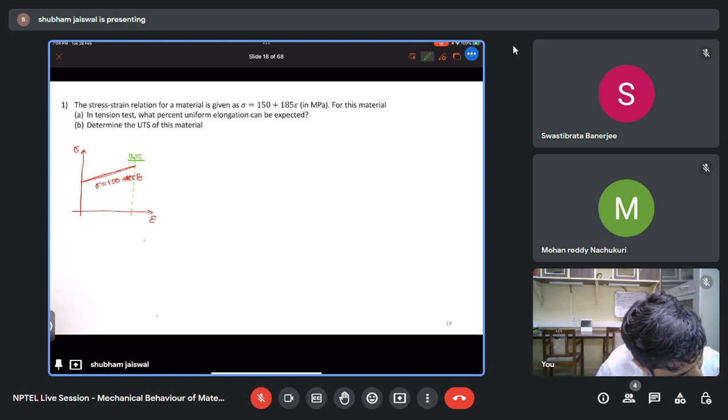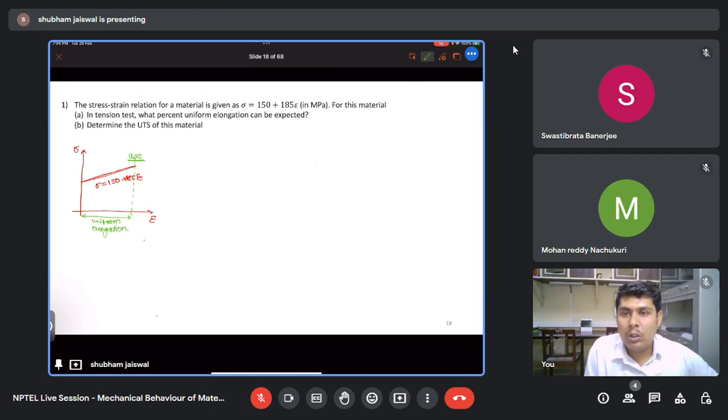So this is my uniform elongation. They are asking, in a tension test, what percent of uniform elongation can be expected, and also to determine the ultimate tensile strength of the material. So can you solve this question?